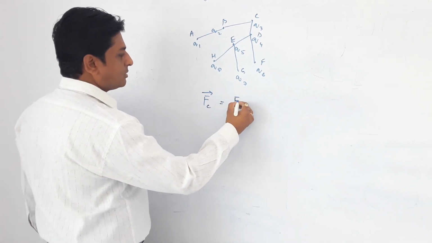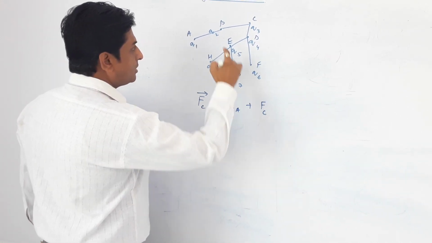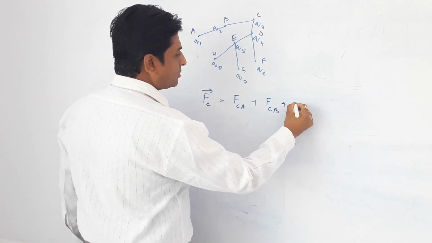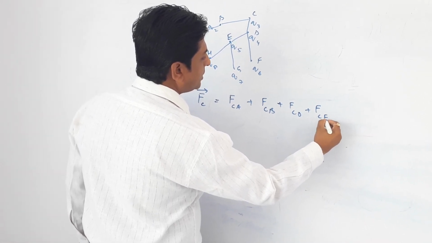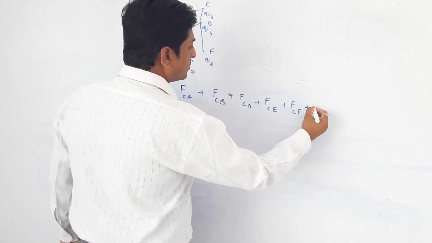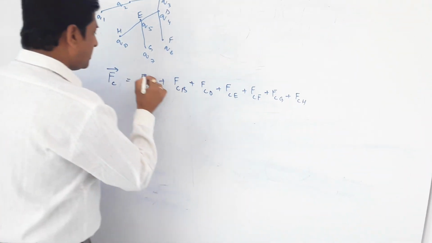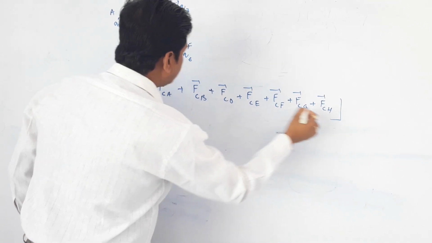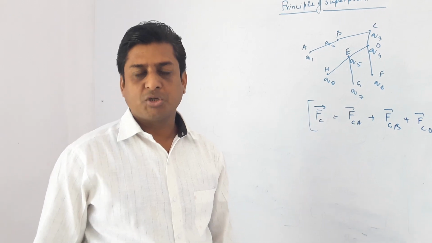Force acted over C by A plus force acted over C by B, plus force acted over C by D, force acted over C by E, force acted over C by F, force acted over C by G, force acted over C by H, and this must be vectors. Means when we calculate the force, we should also observe the direction. This is called the principle of superposition.